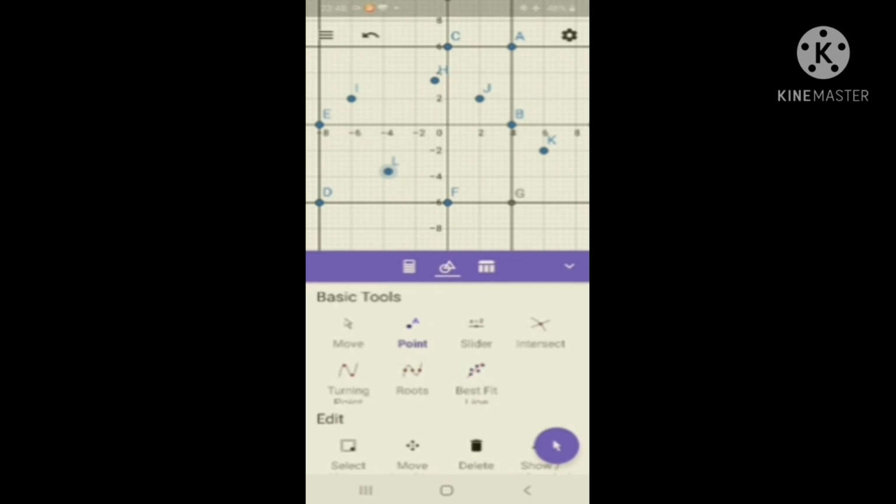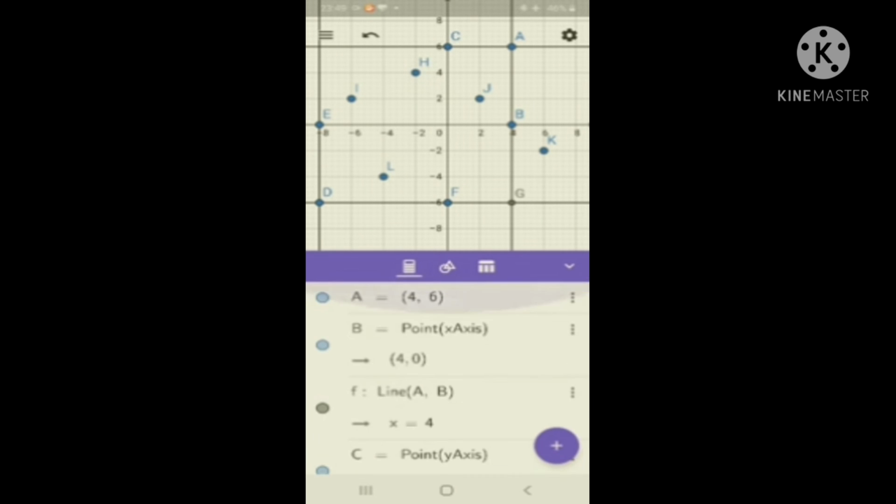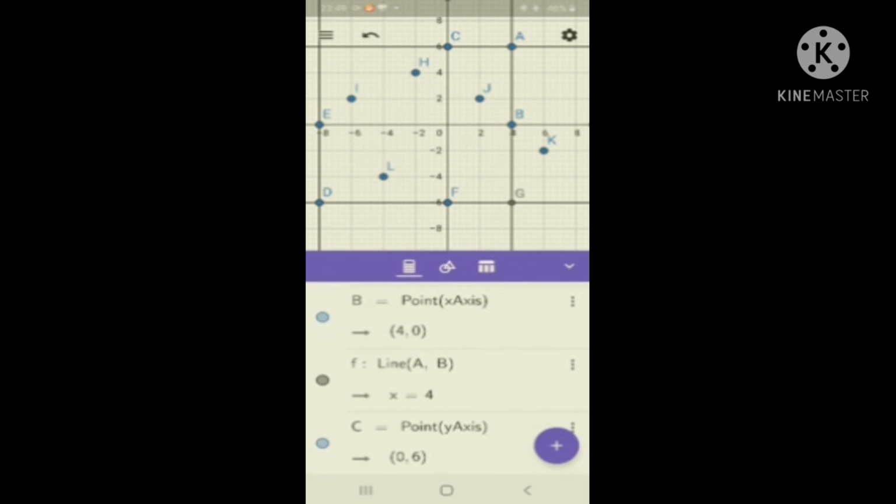For it, you can see the answer of G, H, I, J, K, L by this. The coordinates of point A is (4, 6). B lies on the x-axis, and the coordinates of B is (4, 0).